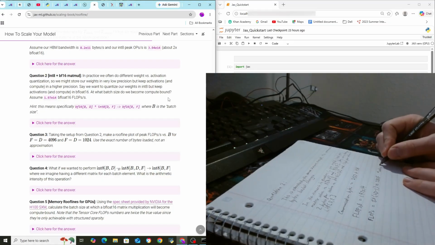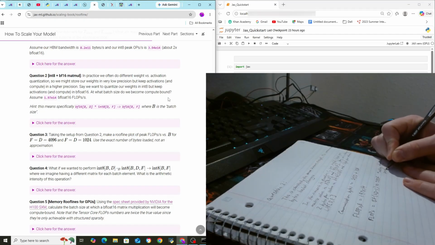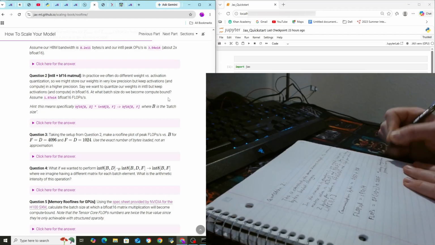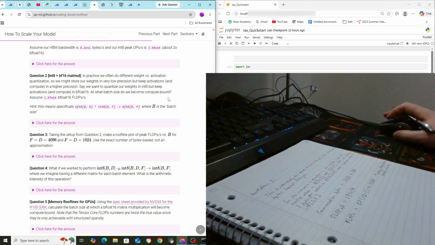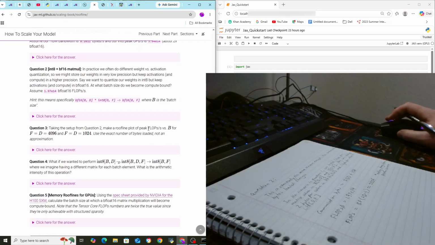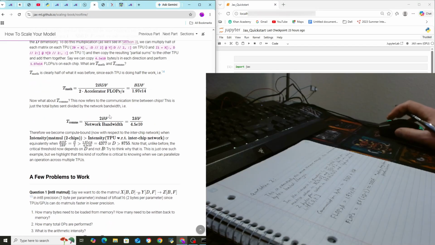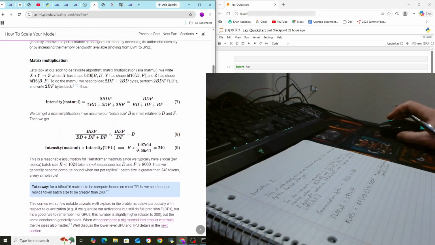Nothing changes from the previous scenario. So it's kind of worrying me that they're not saying anything about HBM bandwidth, but maybe the 1.97 is the same thing that I used before.